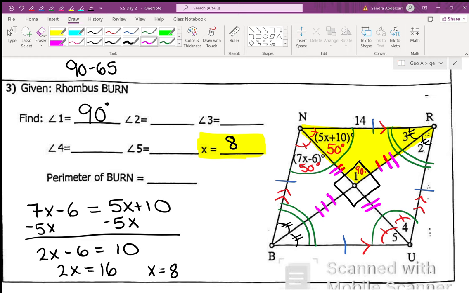No. If the legs are not congruent, are the base angles congruent? No. So how am I going to find angle 3 if it's not legs to base angles? Jeff, how am I going to find angle 3? You're going to add 90 plus 50. You got it. 90 plus 50 is 140. Then what do we have to do? Subtract that from 180. So angle 3 has to be 40 degrees.